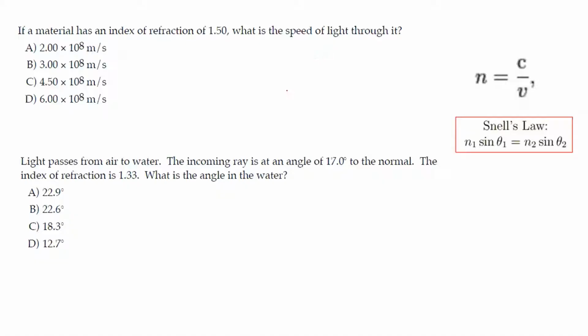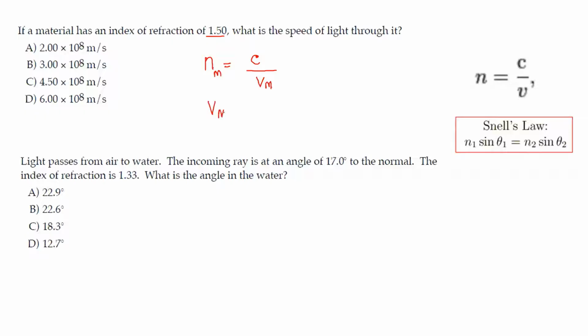Okay, I got a lot of answers, so I will start with the first one. If a material has an index of refraction 1.5, what is the speed of light through it? We just have to use this equation. We need the index of refraction of the material, and they have given that. This is the equation.